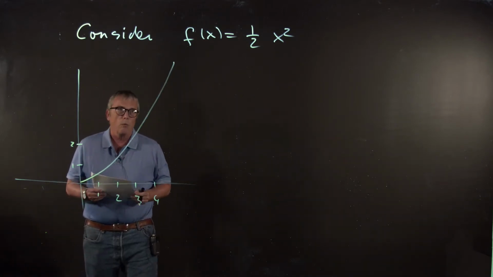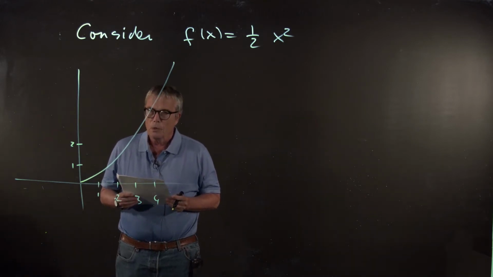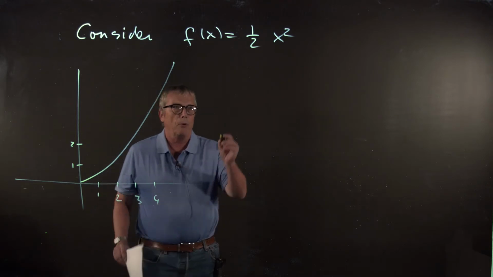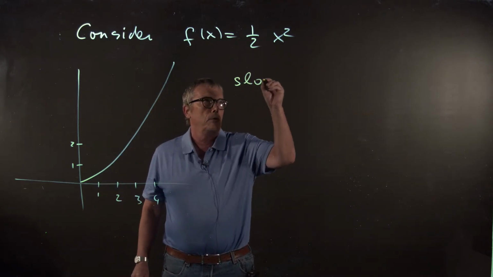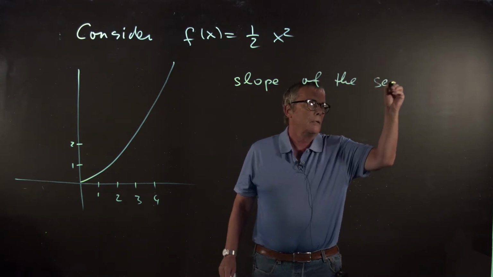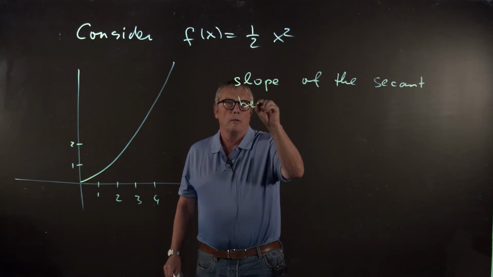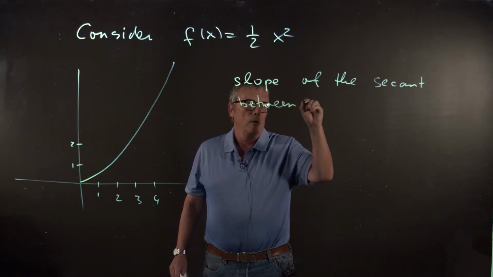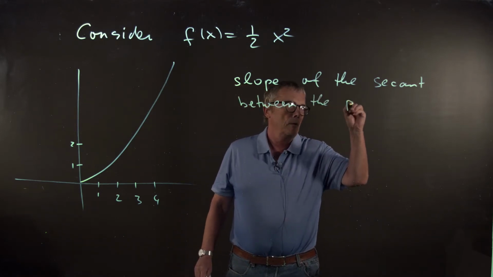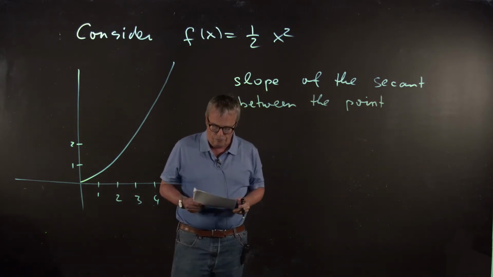So, what do I want? I want the slope of the secant between two points on the curve.